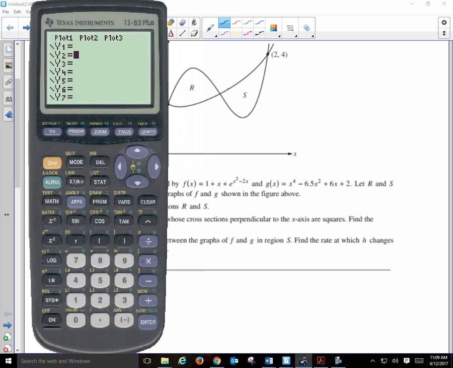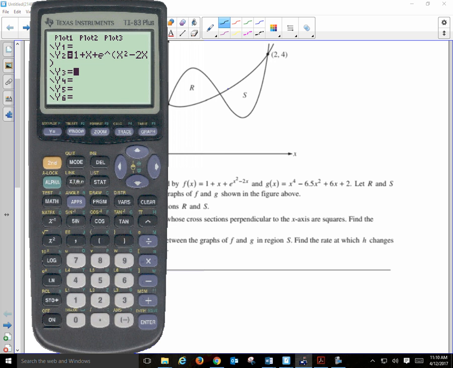And I'm going to do a little trick here, and I hope you guys are okay with this. I'm going to put them into Y2 and Y3, okay? I'm going to do 1 plus x plus e to the x squared minus 2x.